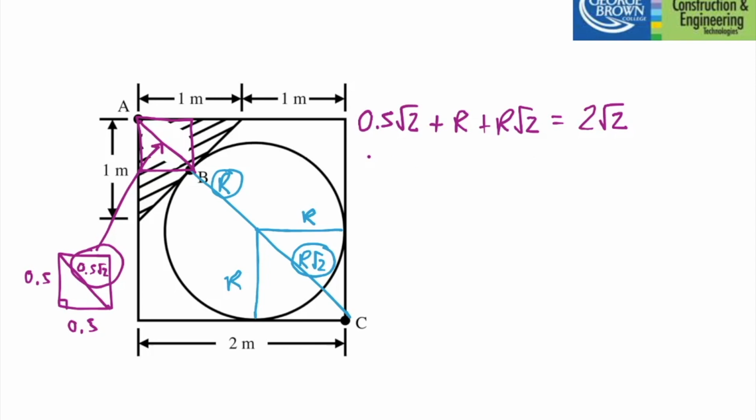So this is 0.7071. These are all in meters. R is just r. I'll put these together. So r plus r root 2 is 2.4142, and that's r. And then 2 root 2, of course, we saw that earlier, is 2.8284.